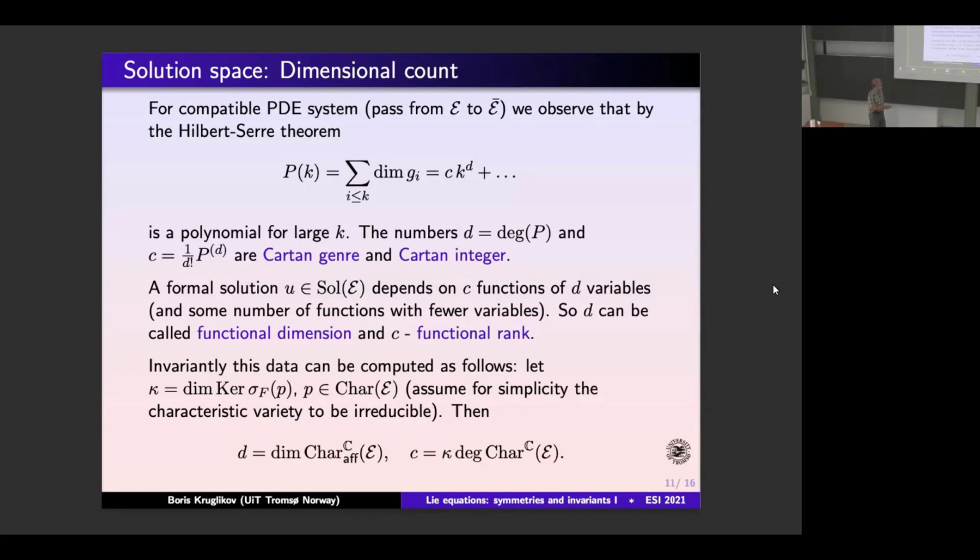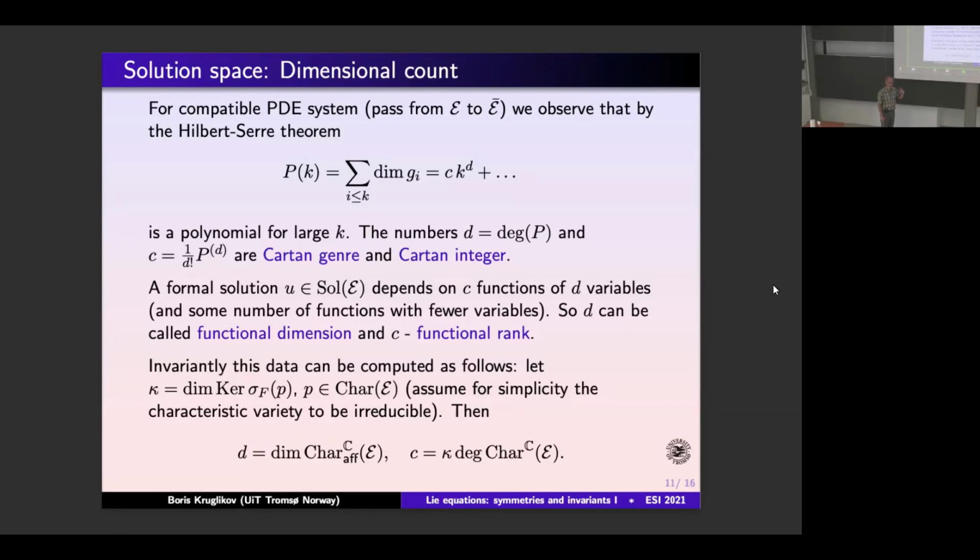Let's take the previous symbol, remember that's a matrix, sigma of f at p. When p is characteristic, that matrix drops in rank. So let's compute its kernel, call it kappa, to check how much it drops. This d is actually the dimension of the affine characteristic variety, or, if you talk about the projective one, the dimension of the projective variety plus 1.